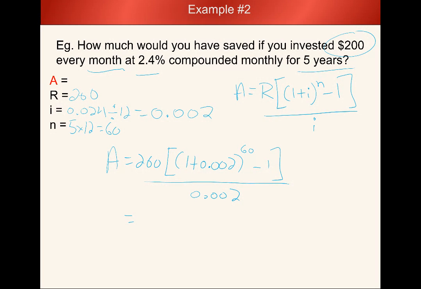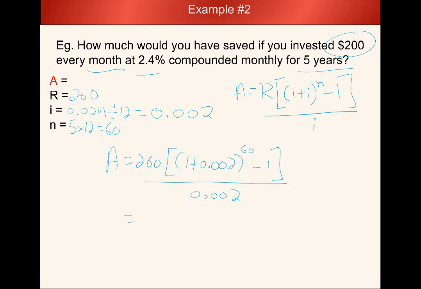1 plus 0.002 is 1.002. To the power of 60 is equal to 1.127 and a whole bunch of other stuff. Minus 1 is 0.12736174. I took care of all of that big bracket stuff.